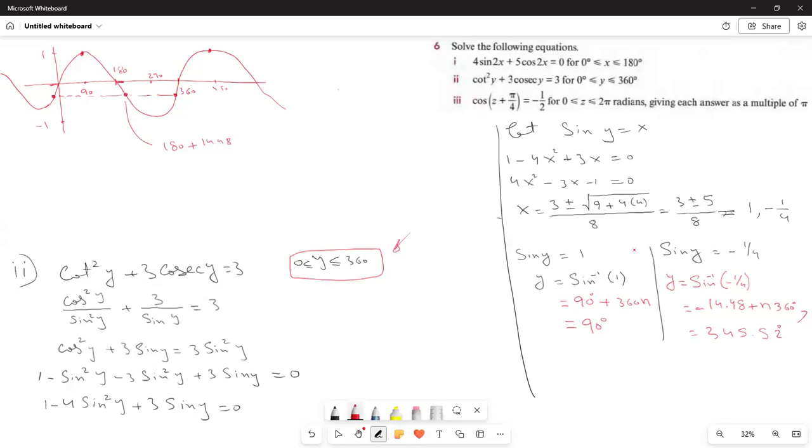Sorry, I should write it first. The second answer, as I said before, is 180 plus 14.48, and in this one I will add the multiples of 360.